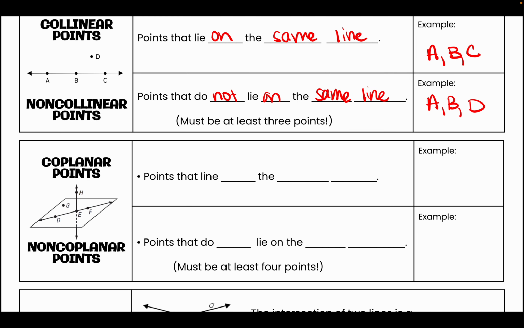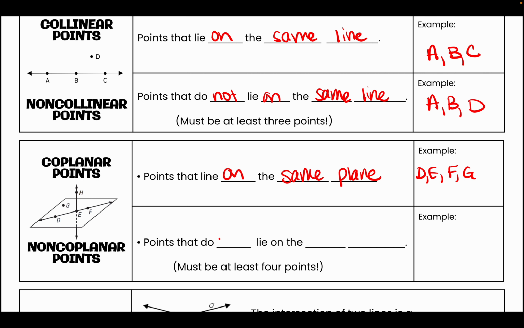Coplanar points are points that lie on the same plane. So here is our plane. So any of these points on here are coplanar points. So D, E, F, and G are coplanar.